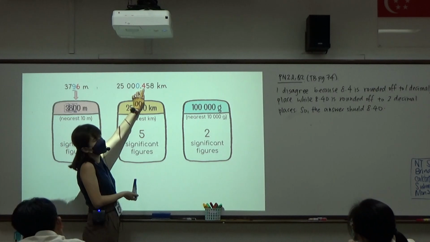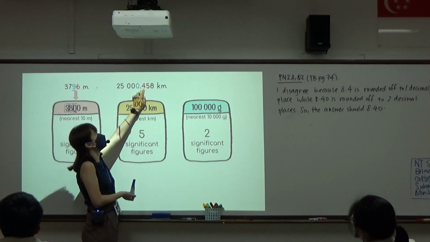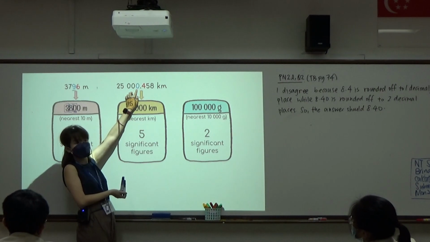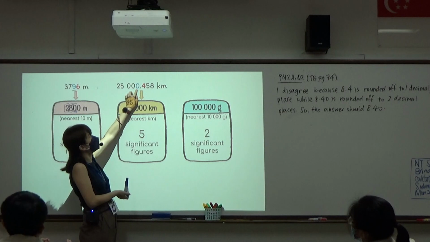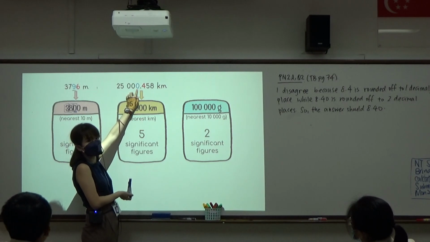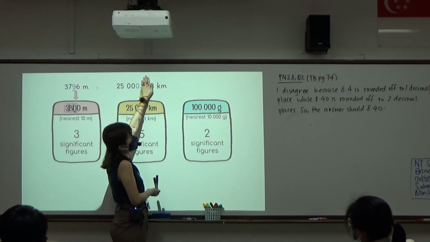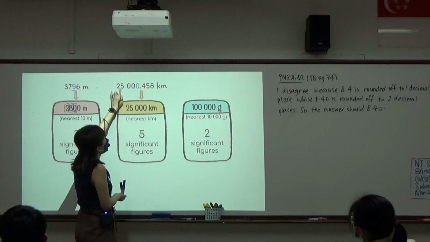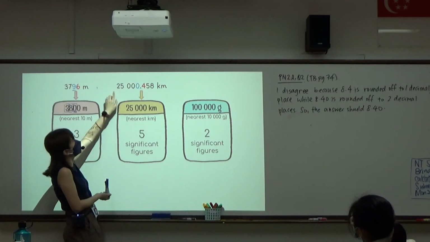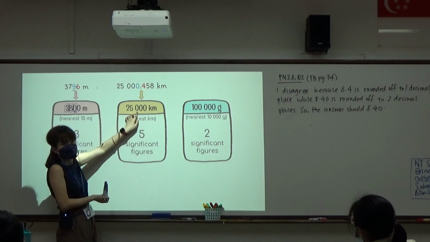I look at the next digit, which is a 4. So will I be rounding up or down? Down, right? So when I round down, that means this maintains as a 0. I don't need these digits here anymore. So my answer upon rounding off will be 25,000. Okay?